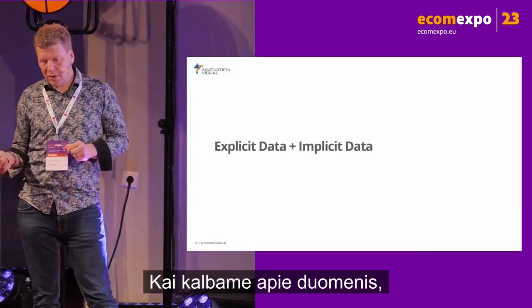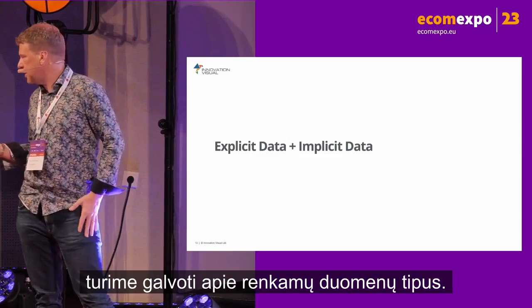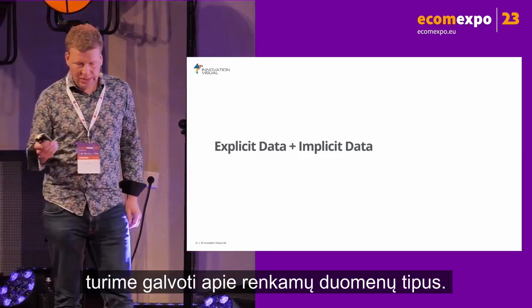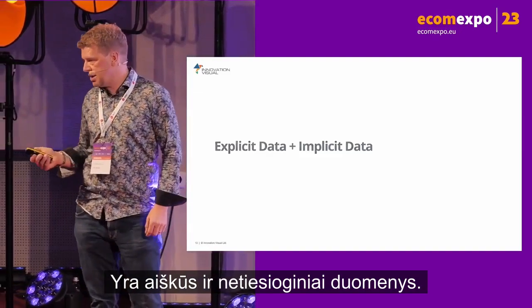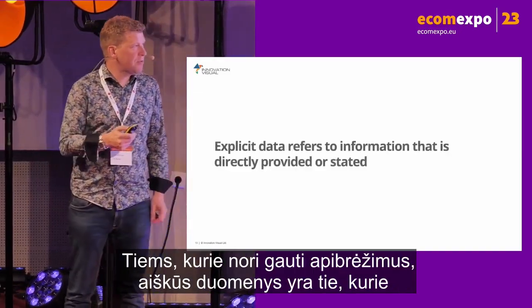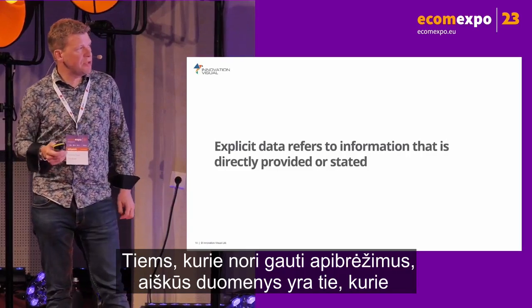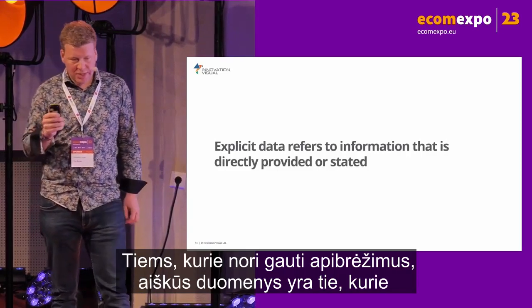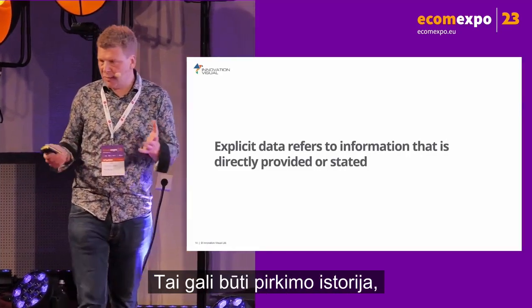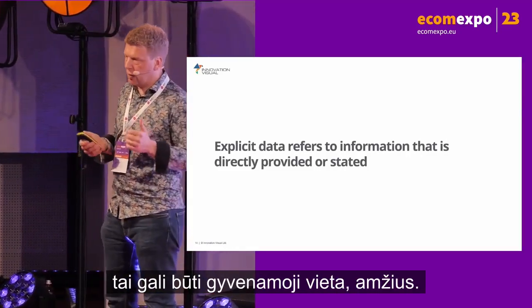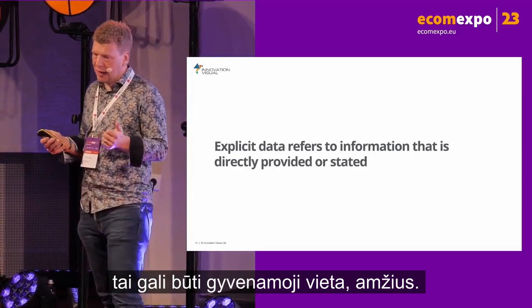And when we're talking about data, we need to think about the types of data that we're collecting. So there's explicit data and implicit data. For those of you who want the definitions, the explicit stuff is the stuff that you're being directly provided with or stated. So this could be purchase history, it could be the location where they live, it could be their age.